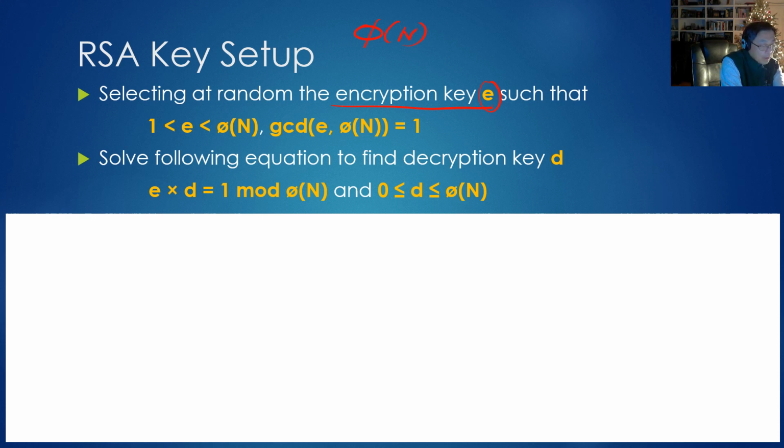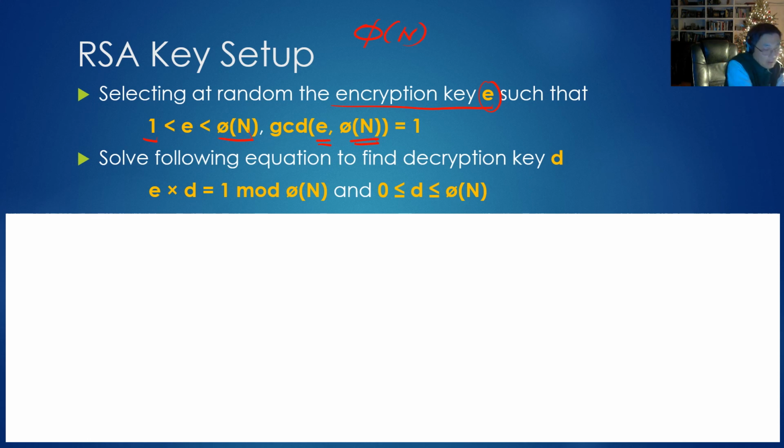So E should satisfy these two conditions. One, E should be in the range of 1 and phi of n. The second one is that E and phi of n must be relatively prime, so the GCD of E and phi of n should be 1.